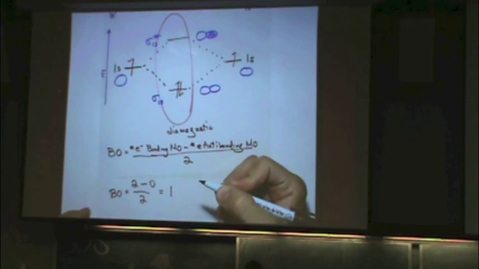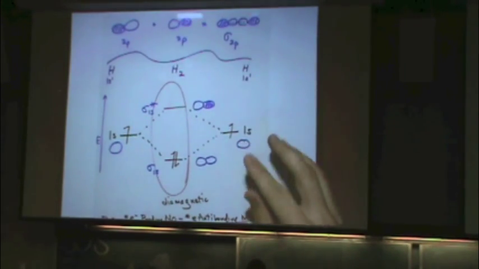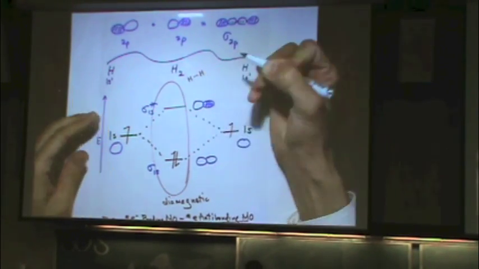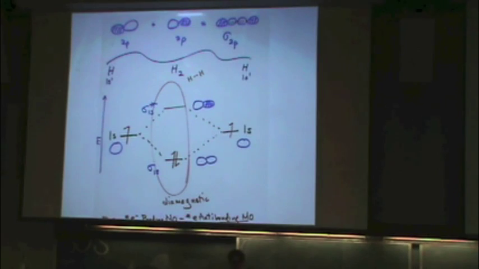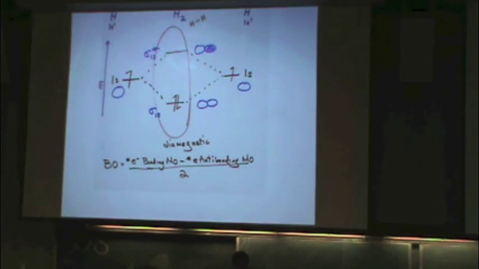And this will give a bond order of 1. What does that mean? This is a single bond. Okay, it's forming a single bond. So if we go back up here, according to Lewis, we would draw this like this. Okay, that would be the Lewis structure, forming a single bond. Or, in our new language, bond order is 1.